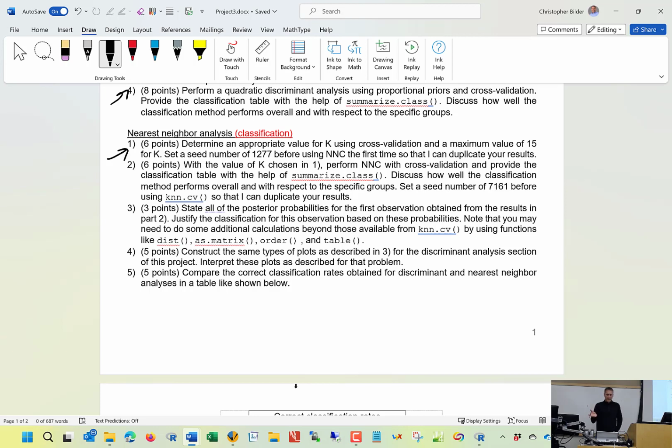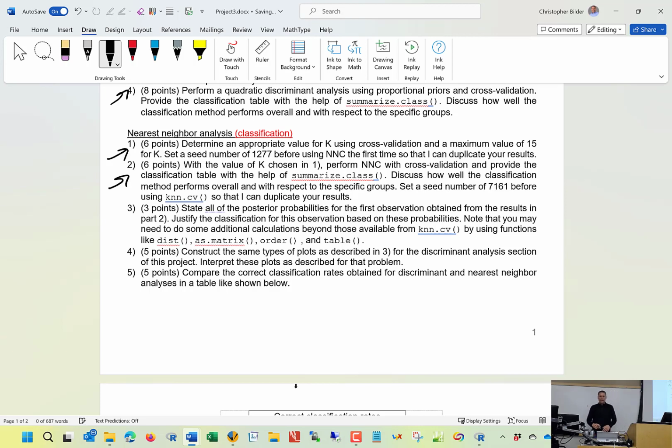Number one is that you're going to first find an appropriate value for k, and that's essentially what we're going to do next in our notes, which basically means we're going to use a for loop to try k equal 1, k equal 2, k equal 3, and so on, and then look at the correct classification rates. Based upon that, we'll make a judgment about what value of k I should use. That will get you started with number one.